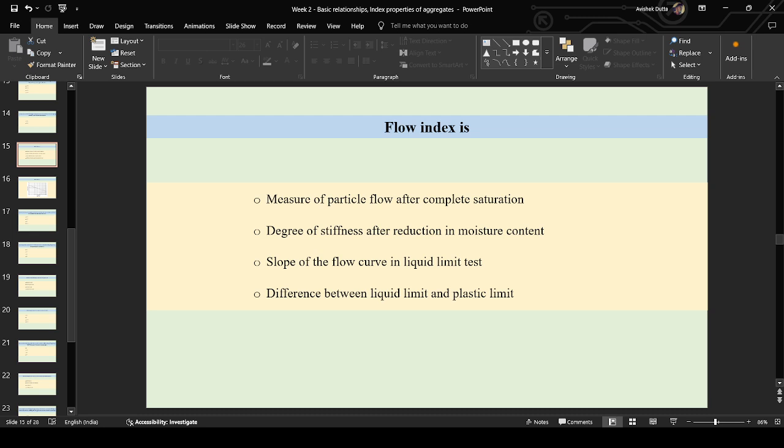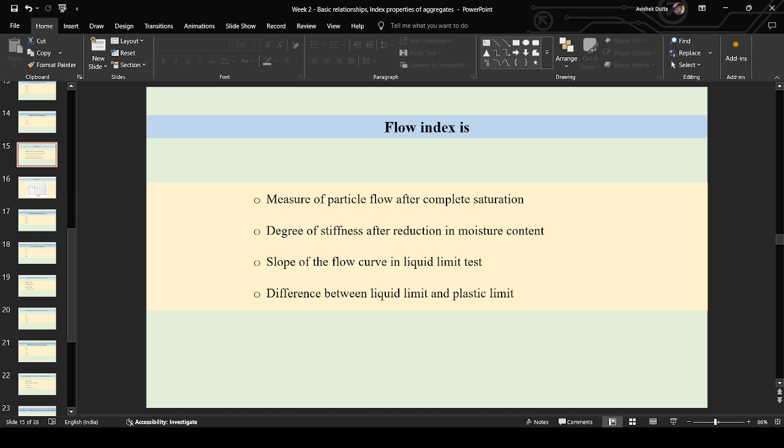I repeat the question. Flow index is, option 1, measure of particle flow after complete saturation. Option 2, degree of stiffness after reduction in moisture content. Option 3, slope of the flow curve in liquid limit test.